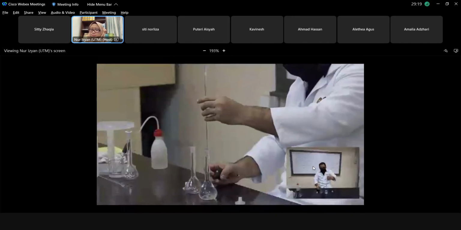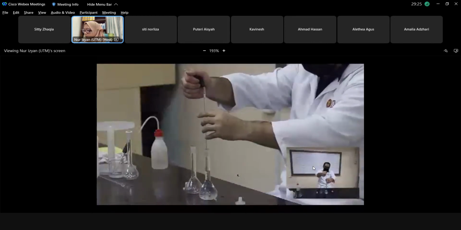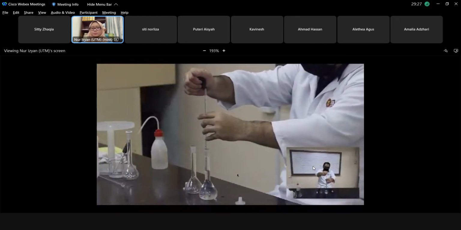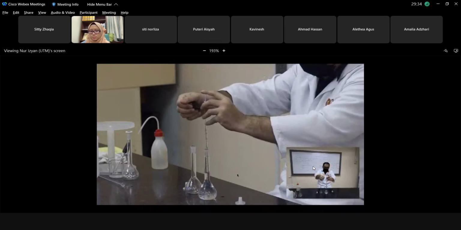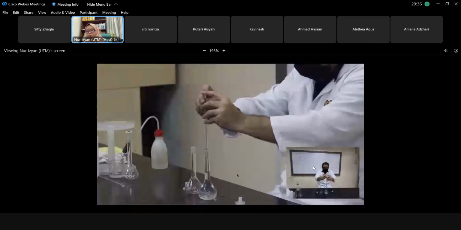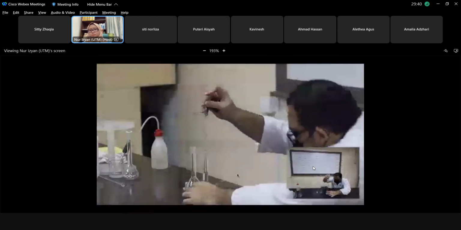So I am going to pipette a certain amount from this standard stock solution that I prepared earlier. I'm going to pipette that out. And I would like to transfer that amount of stock solution.